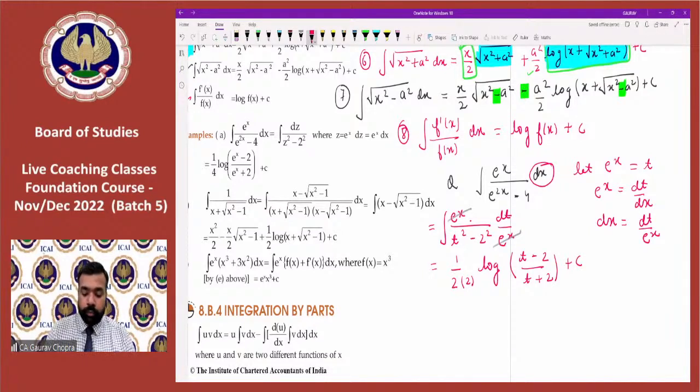This was the formula. So 1 by 4 log of, in place of t, we can write e to the power of x minus 2 upon e to the power of x plus 2, and then adding c.